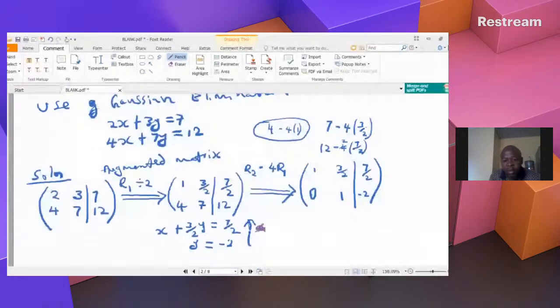So we solve the last equation, and then after getting the result there, we use it to solve the first equation. So the last equation just means that y is negative 2.